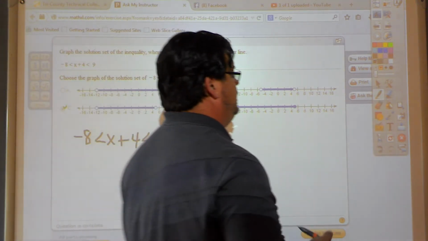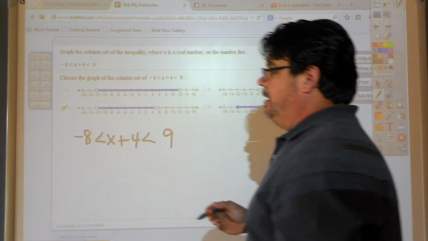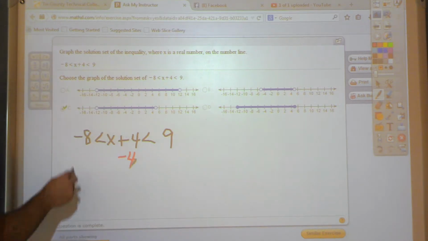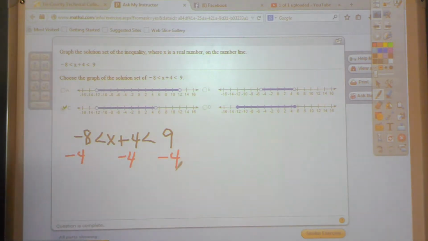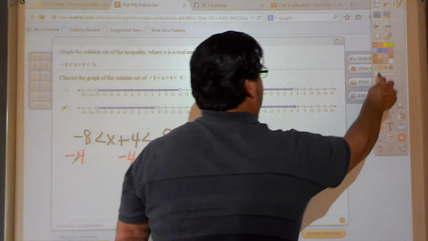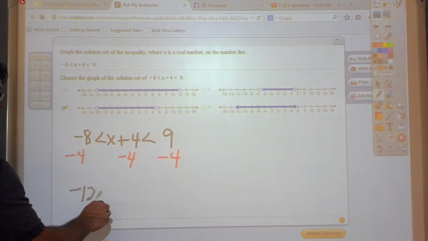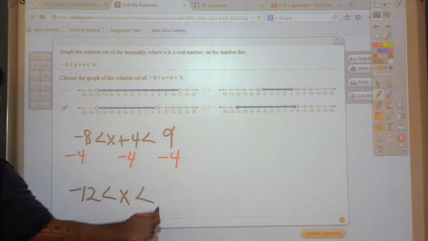Now I want to get rid of a positive 4. So like you said, I'm going to subtract 4 right here, and I'm going to subtract 4 here, and I'm going to subtract 4 here. What does that give me over here? Negative 12. Negative 12 less than x, less than, what's 9 minus 4?